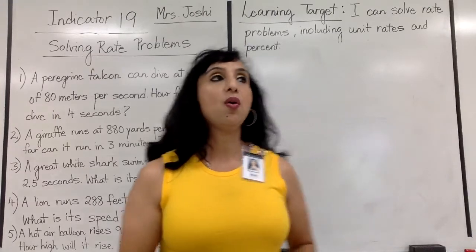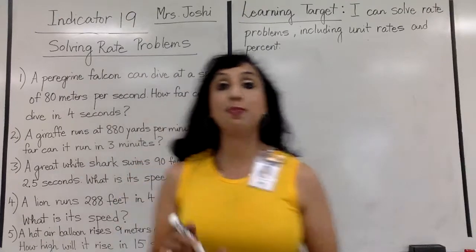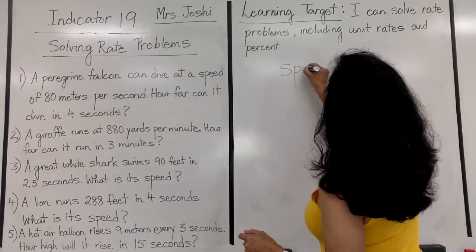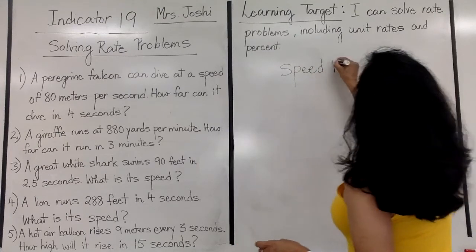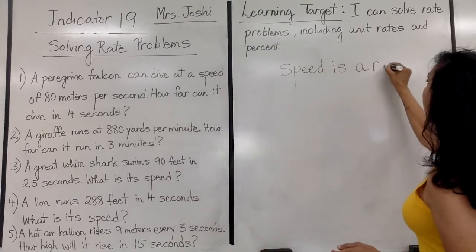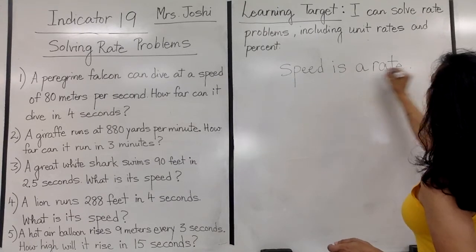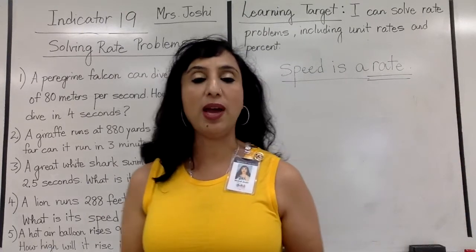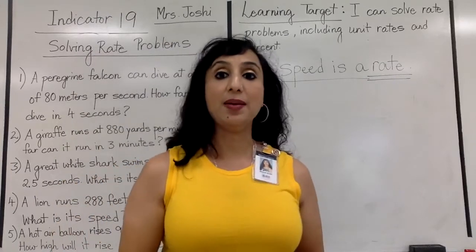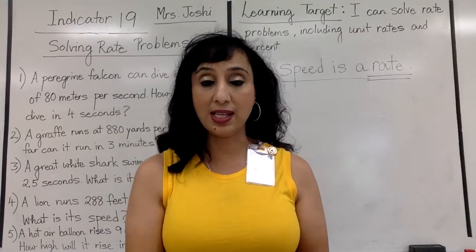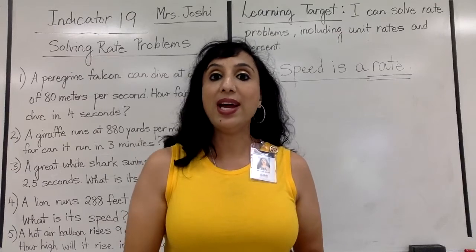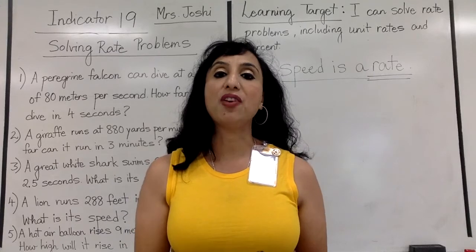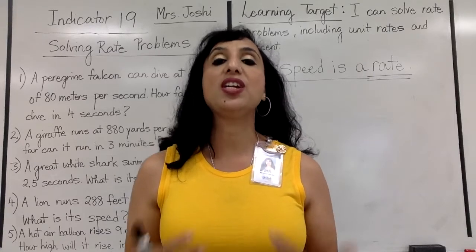So when I talk about speed, first and foremost, speed is a rate. Please remember that. Think of it this way: we had talked about it in this unit, that a rate is nothing but a ratio comparing two different quantities with different units.